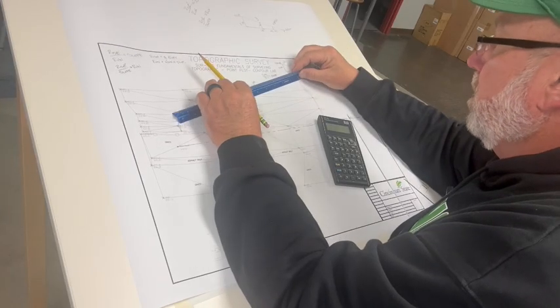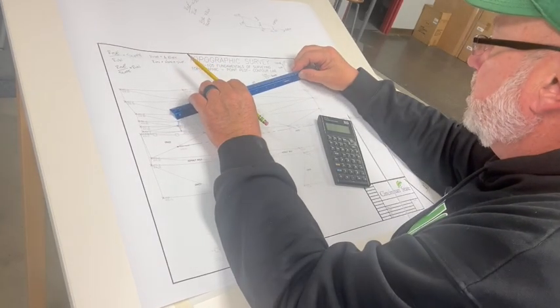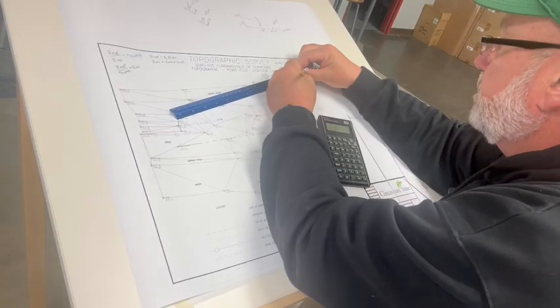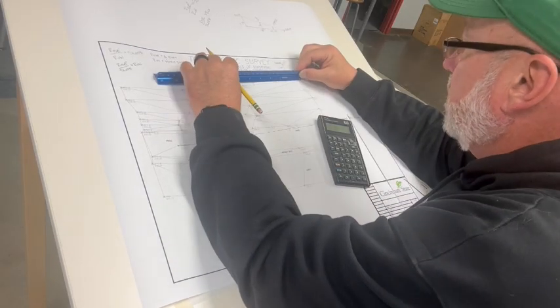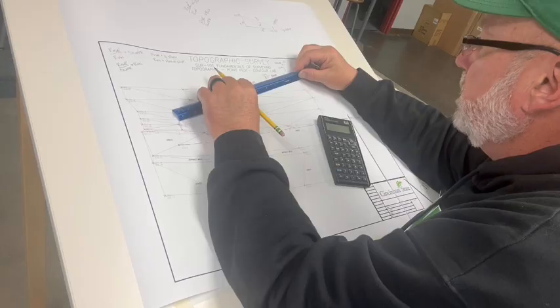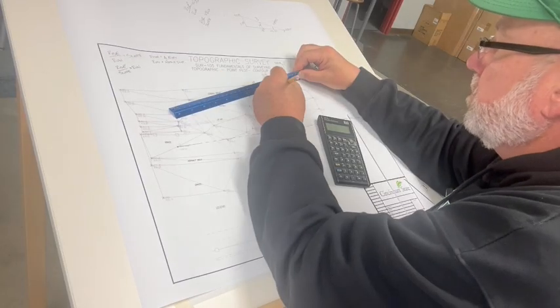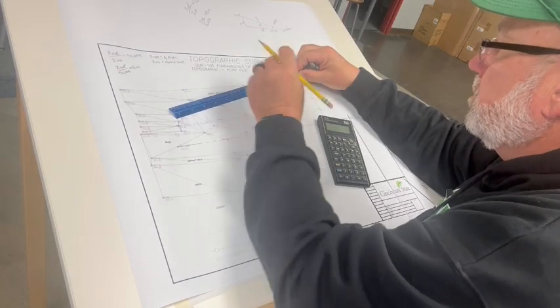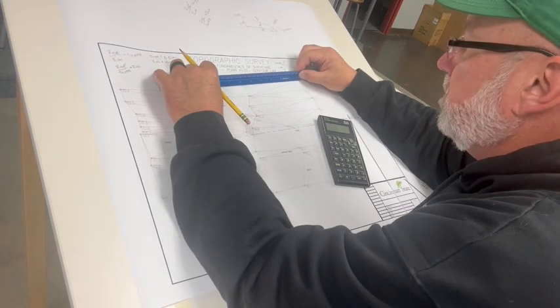So we can go, was that 2 feet? And then what was that, 24 and change? And then was that 47? Yeah.